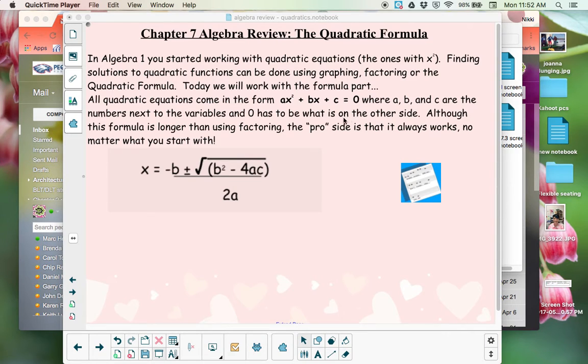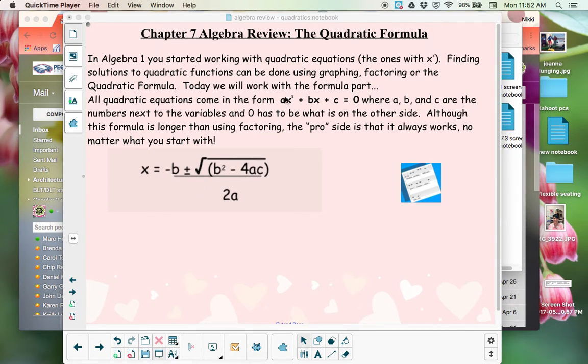If it's not equal to 0, you have to get it equal to 0 by bringing whatever's over here to the other side. We use the quadratic formula to find the x values for where the equation would cross 0. You can factor these if they're factorable. Factoring also works, but factoring doesn't always work every time, whereas the quadratic formula will work every time no matter what.